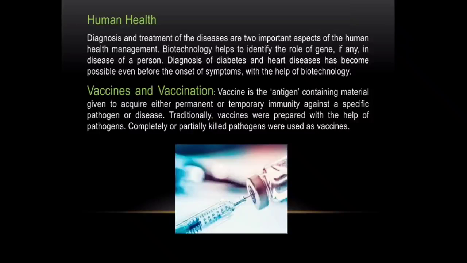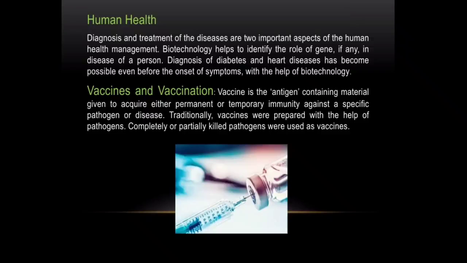Hence, as an alternative, scientists tried to artificially produce vaccines with the help of biotechnology. For this purpose, scientists produced the antigen in the lab with the help of gene isolated from the pathogen and used as vaccine. Thus, safer vaccines are being produced.